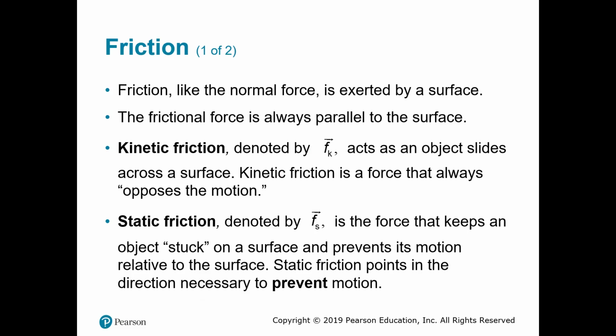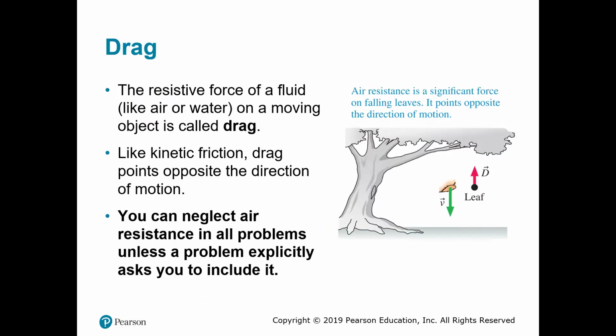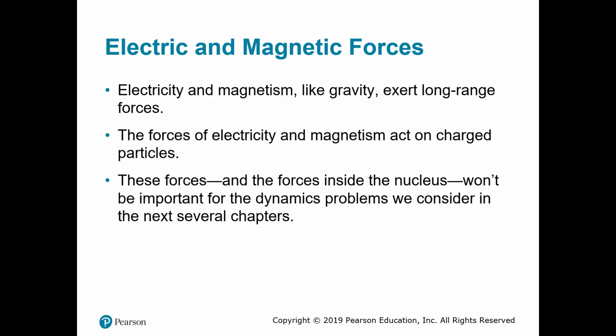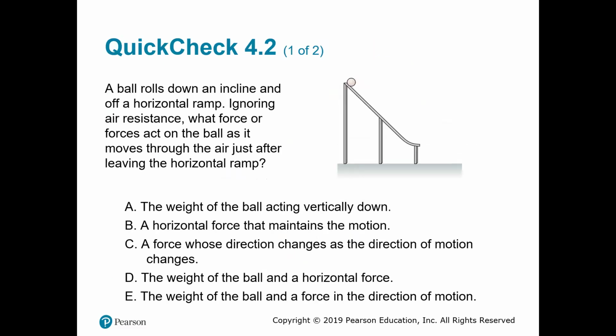And the friction force, you have two different types of friction force, kinetic friction and static friction, but we'll talk about it later. Okay? And the drag, we'll talk about it later. Thrust, electric, magnetic forces, we'll talk about one by one later. Okay? It's just a list of forces.